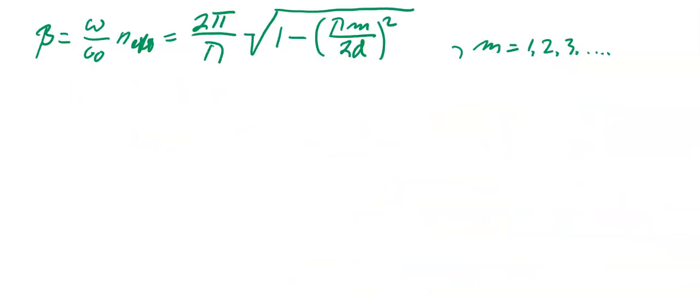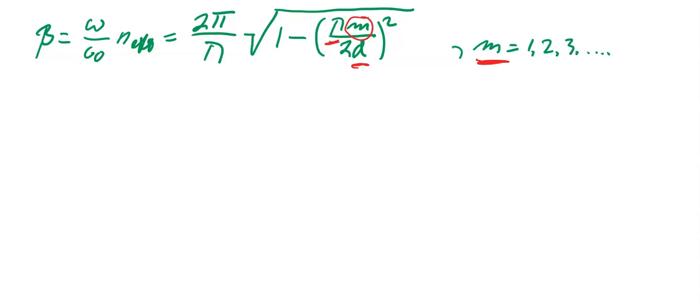Let's investigate what the propagation constant and effective index show about the propagation of waveguide modes. We'll see that the effective index depends only on the wavelength and distance of the mirrors, and it's also discrete, where m gets integer values.